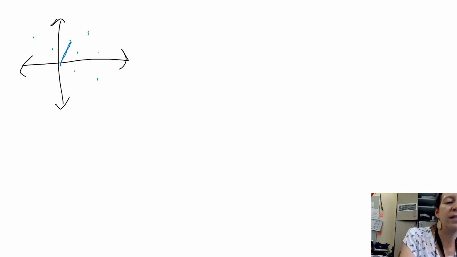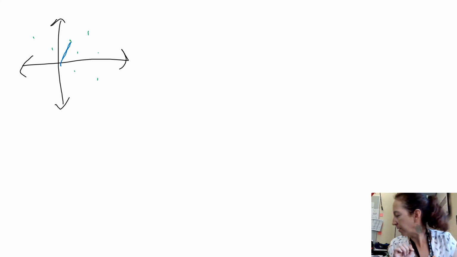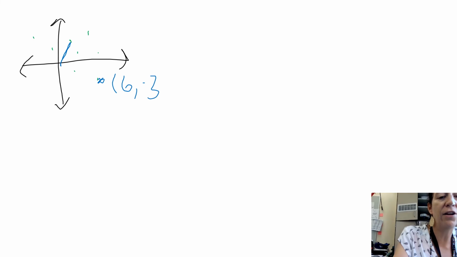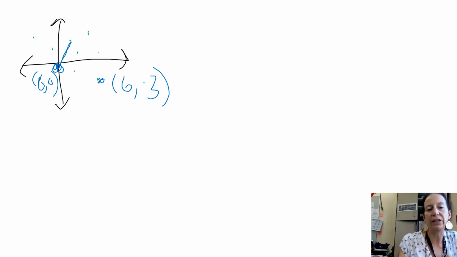What makes this good is that, okay, we're going to call this the point 6, -3, and your first point is the point 0, 0. So that actually makes this really easy. You're looking for the distance between some point and the origin, which has the coordinates 0, 0.